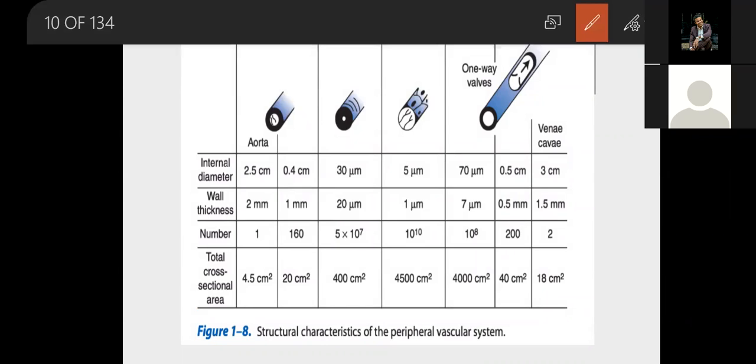So what is the largest segment in the diameter? It's the aorta, the largest one, the aorta. And where we can find the greatest wall thickness, it's again the aorta. The number, where is the largest number?